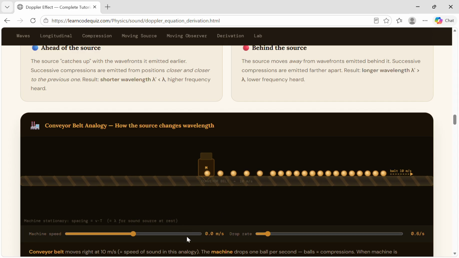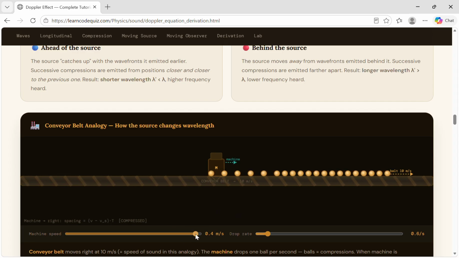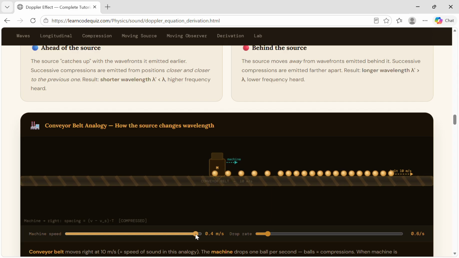So if I make this come here, then let's see what happens. Wait a little time and keep an eye on the distance between the two balls.